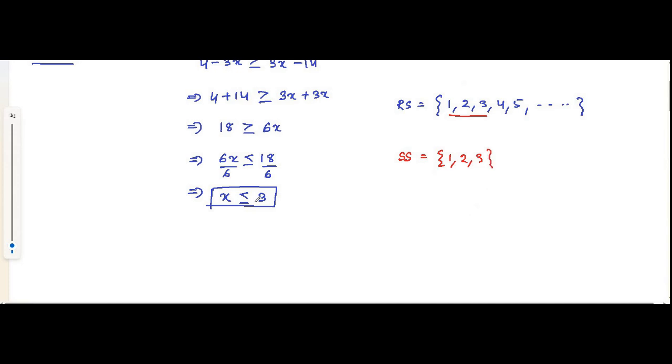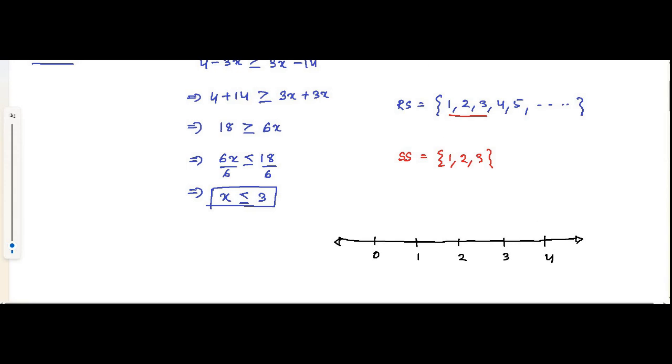Now for plotting it on the number line, we'll first draw the number line. Okay, then let's say this is 0, this is 1, this is 2, this is 3, this is 4 and so on.